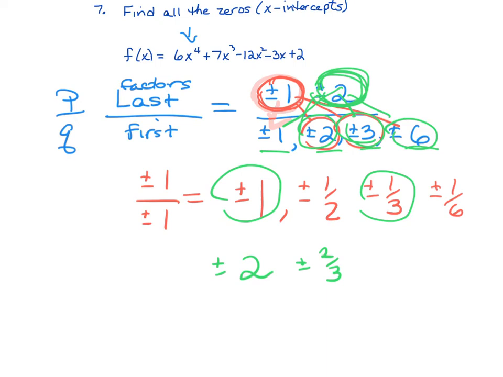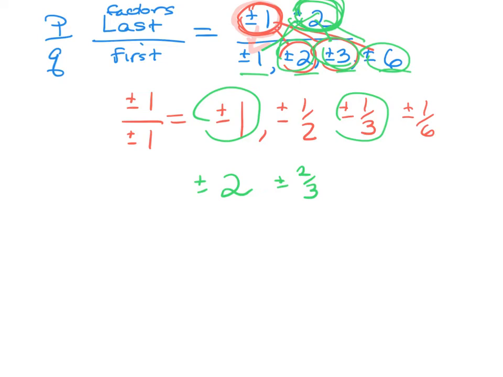So now these are all of my possible zeros that I could try in a synthetic division problem to see if I get a remainder of 0. This is where the guessing and testing comes in. Technically, if you're a bad guesser, you have 2, 4, 6, 8, 10, 12 possible zeros here.